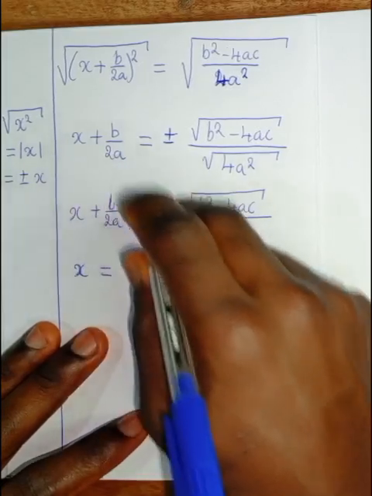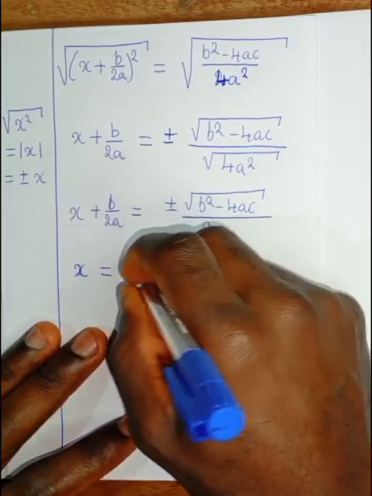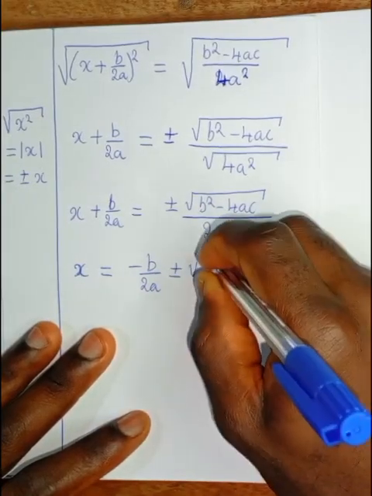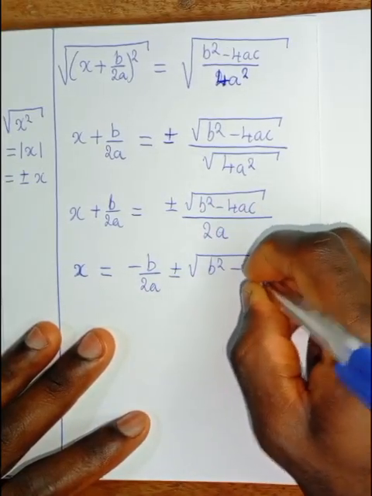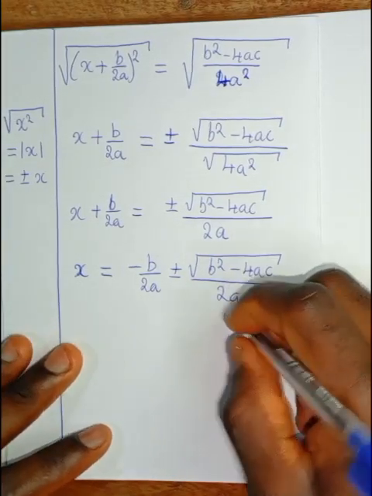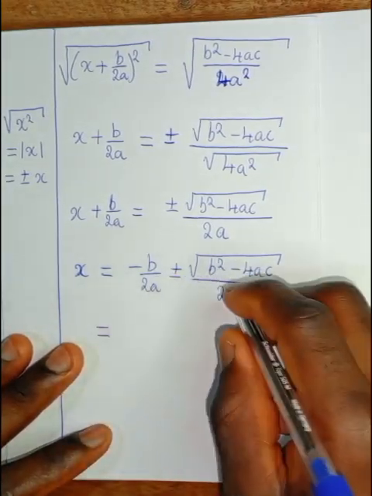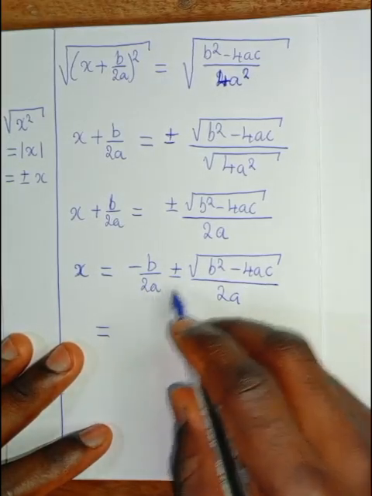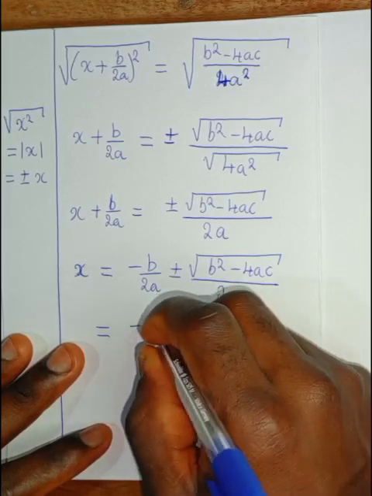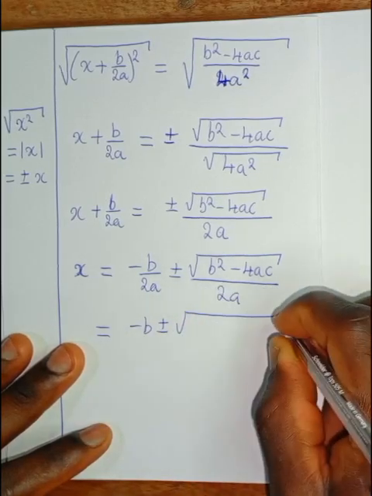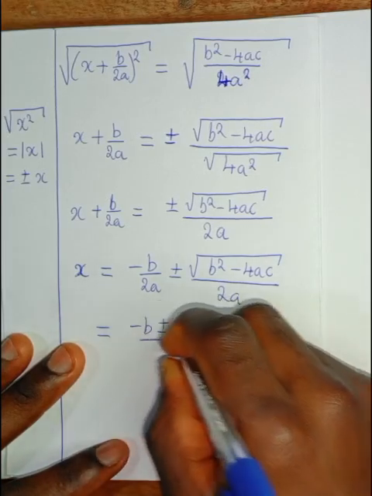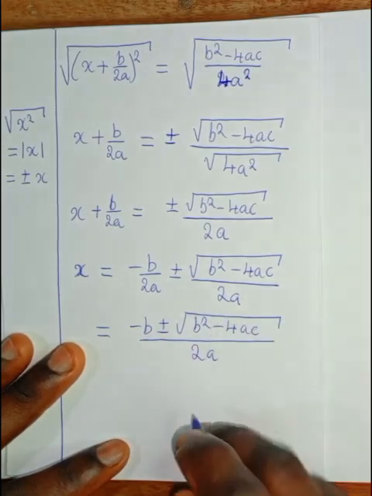X will be equal to negative b on 2a plus or minus the square root of b squared minus 4ac on 2a. You see that these two terms have a common denominator, which is 2a. Negative b plus or minus the square root of b squared minus 4ac over 2a.